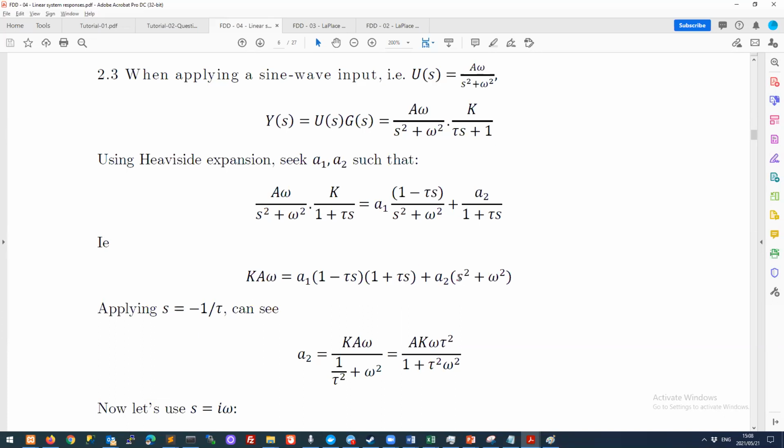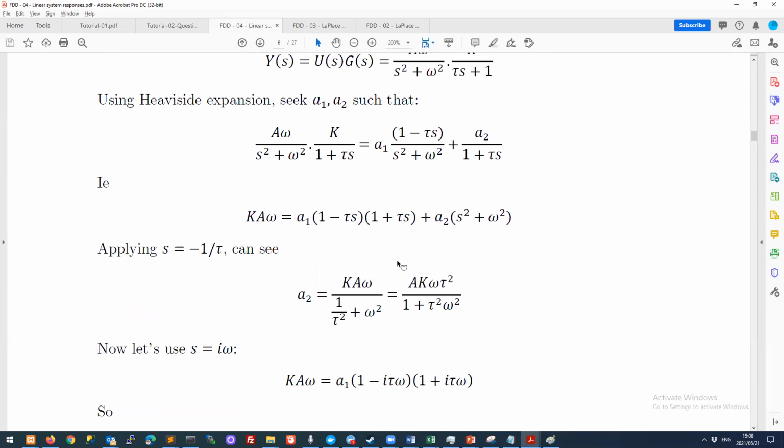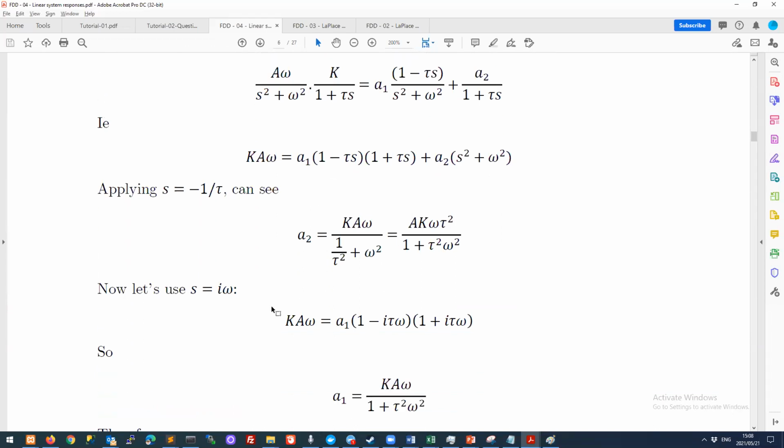Now in this case, you have to use an imaginary number, right? Because it's squared, and you want to make minus omega squared here, you have to use an i omega for S. So if S equals i omega, then you get minus omega squared here, and then this vanishes also. So we can see an i omega is going to creep in here, right?